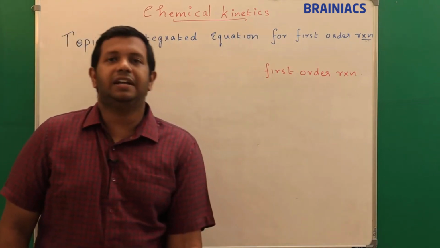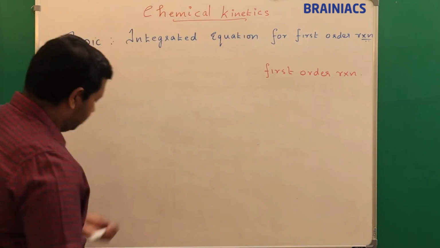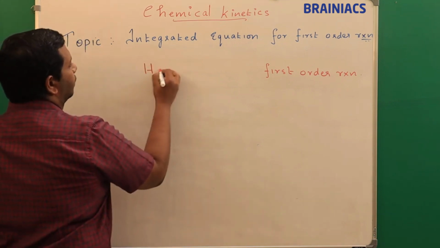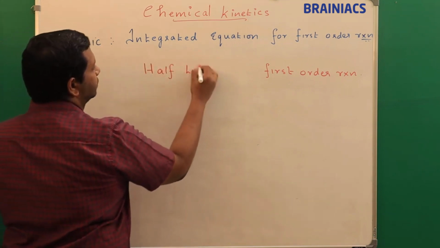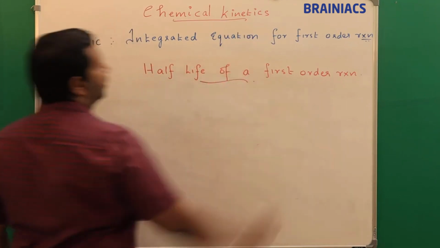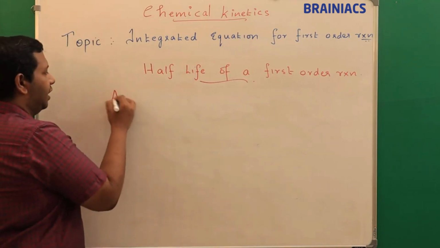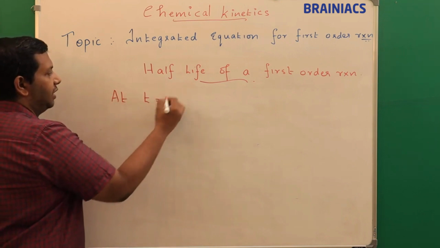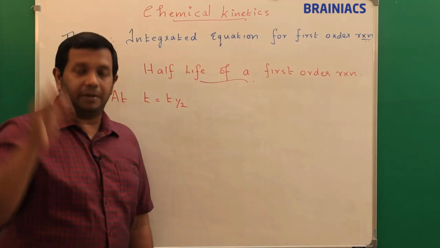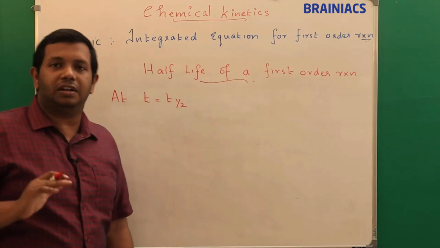So I can give that heading: half-life of a first order reaction. Now tell me, at half-life what will happen? I can write at time becoming t half, correct? Half-life means the particular time where the initial concentration becomes half of the initial value.